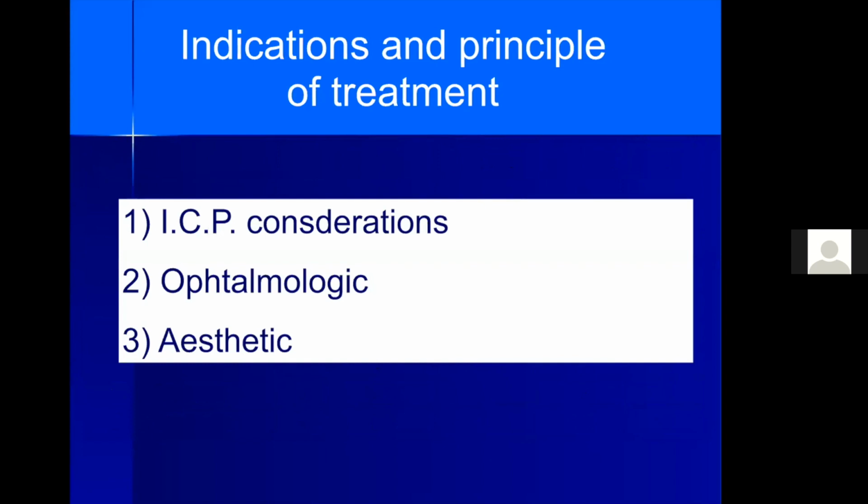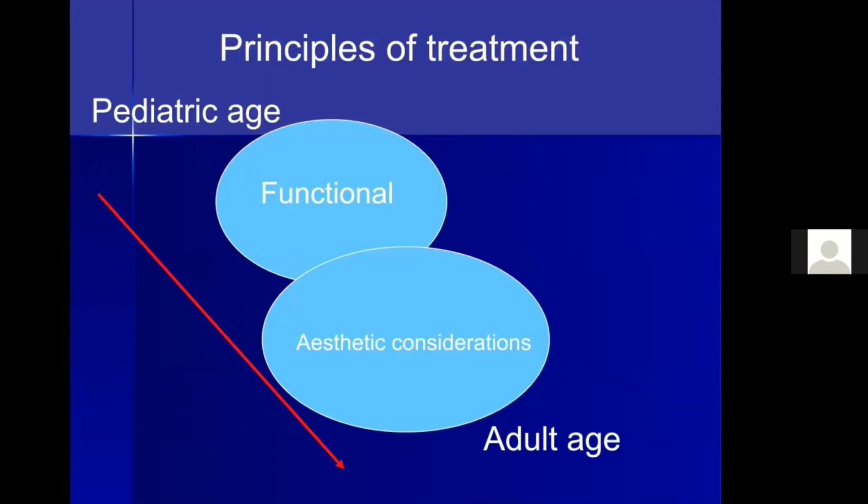The indications and principles of treatment of craniosynostosis are of three kinds. The first one, of course, is ICP consideration, so intracranial pressure, then ophthalmological, and then aesthetic. Of course, the principle of treatment changes in pediatric age and in adult age. In pediatric age, in most cases, it is functional consideration.